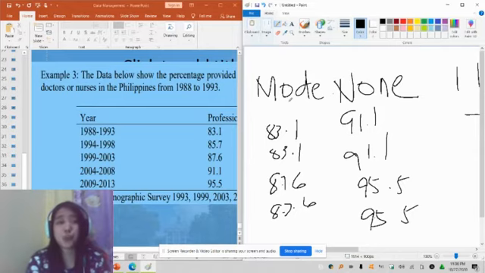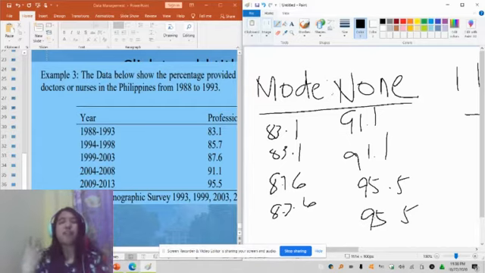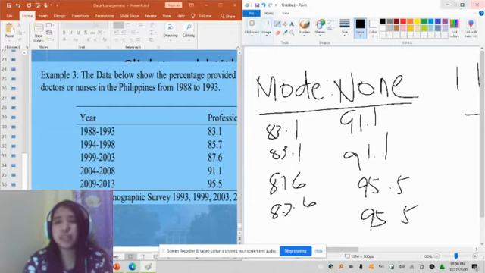So it means there's no highest frequency. If you are provided with this type of data, it means that there is no mode.